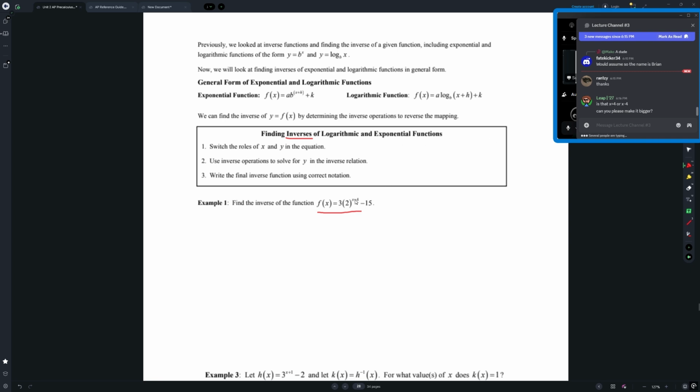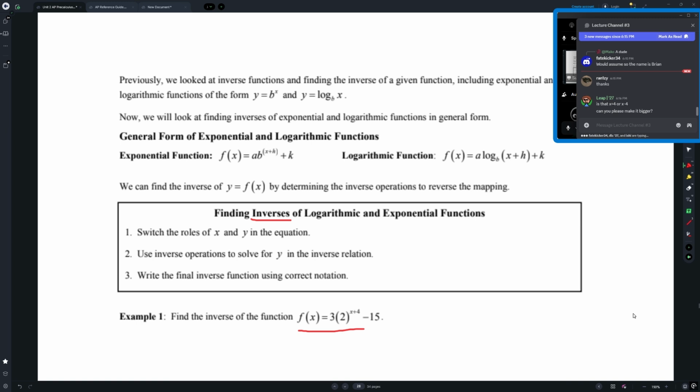Can you please make it bigger? Let me see. It's better.